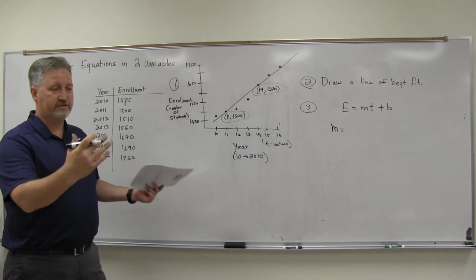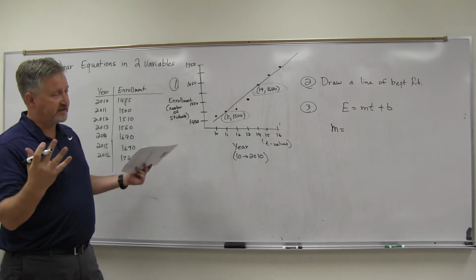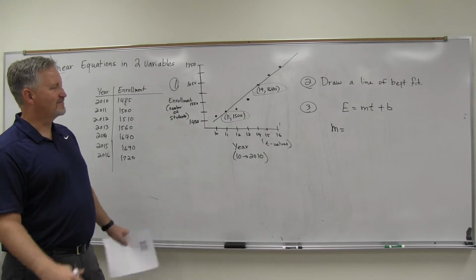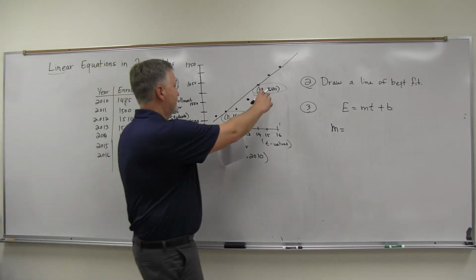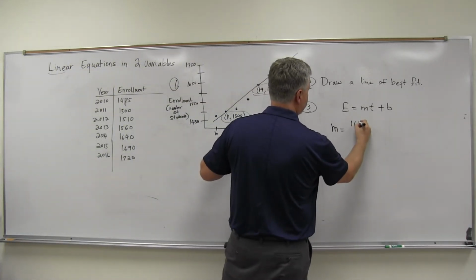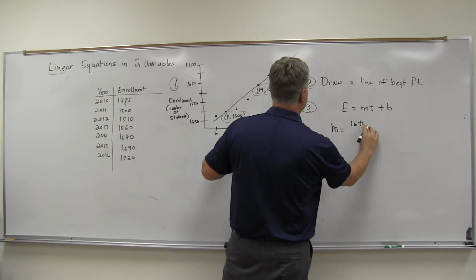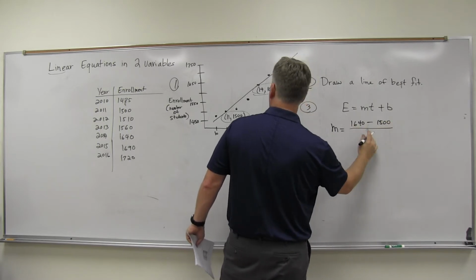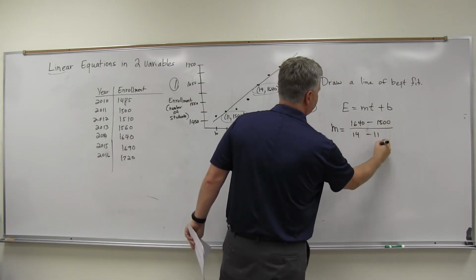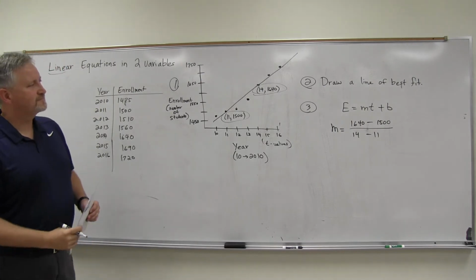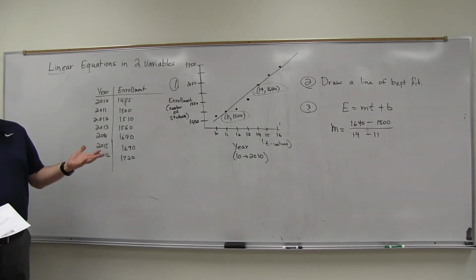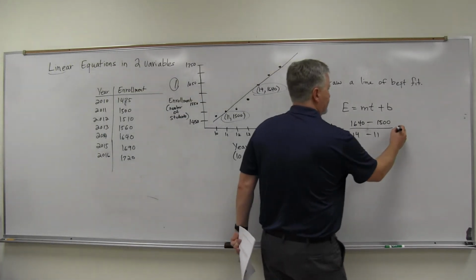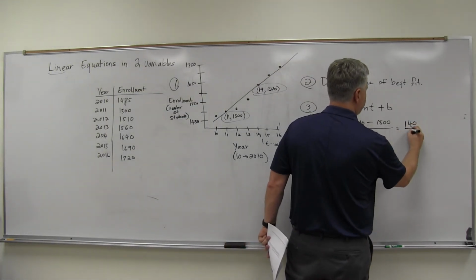M is just going to be the difference of the Y's over difference of the X's. In this case, difference of the E's over difference of the T's, I guess. But same drill. I'll do these 2, subtract the top, the Y's, and then subtract the X's. With me there? That'll give me my slope. 140 over 3.